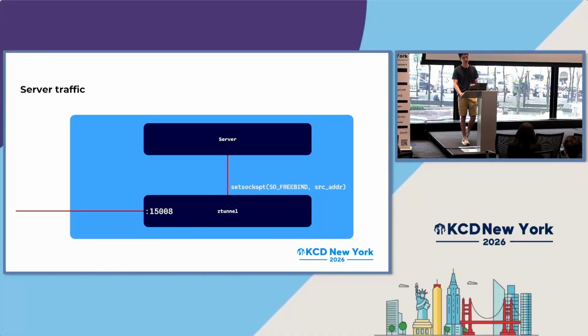So then when the server sees the traffic, it thinks it's getting traffic directly from the client pod. And this is really powerful because the server gets the complete illusion that traffic is just being sent to it from the pod, and it doesn't know about ztunnel at all.